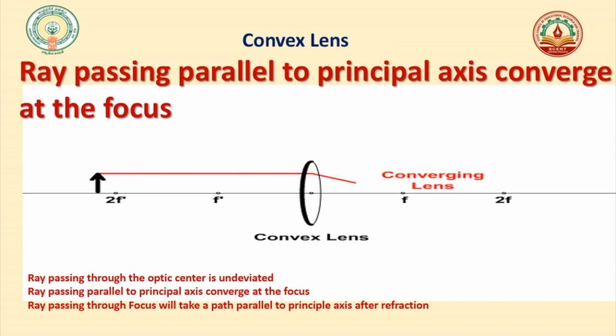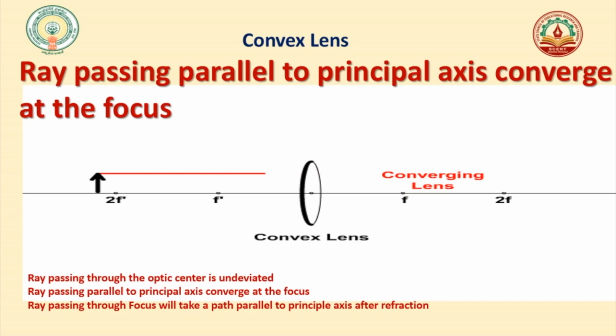And here you can observe the ray passing parallel to the principal axis converges at the focus on the other side of the lens. Again, there is one precaution you have to take. For every concept, the ray passing through the optic center is undeviated, the ray passing parallel to the principal axis converges at the focus on the other side of the lens.